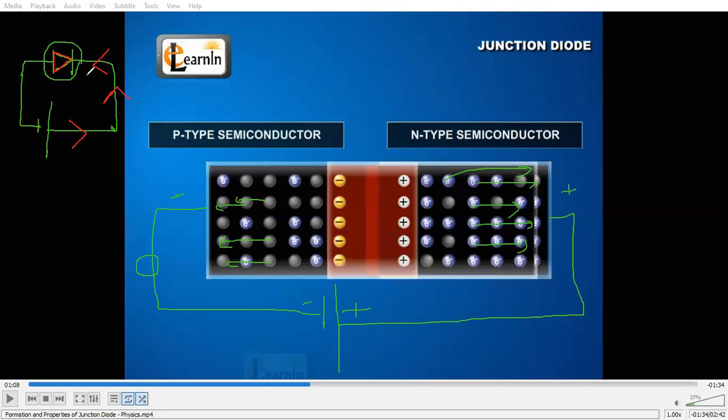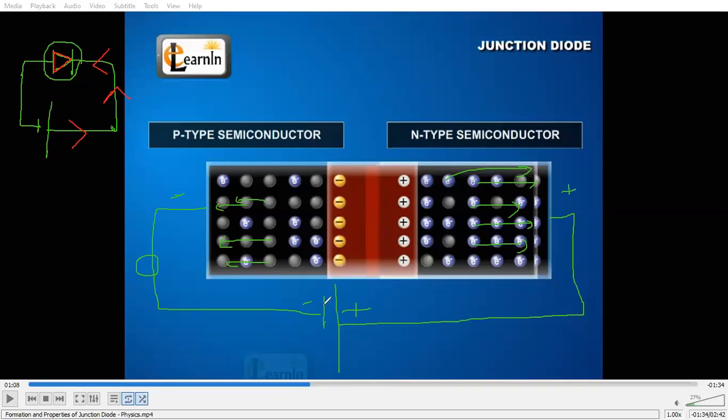So the diode only allows current to flow in one direction. If you want to switch this circuit to become forward bias, either you switch the terminals of the battery or you switch the diode. In this example, the current can only flow in a clockwise direction, anti-clockwise cannot.